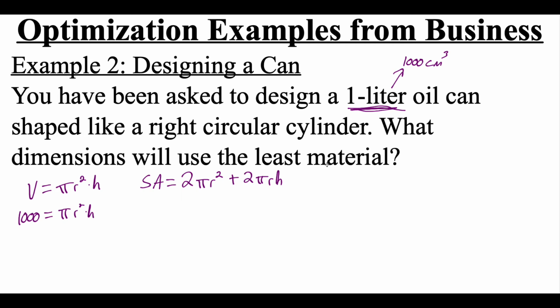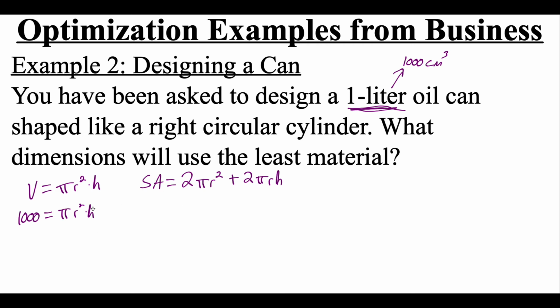Now, when we're talking about the least material, we're going to ignore the thickness of the material that we're using and just focus on coming up with some radius and some height for this cylinder that are going to make the total surface area as small as possible while also still containing this volume of 1,000 cubic centimeters or 1 liter.